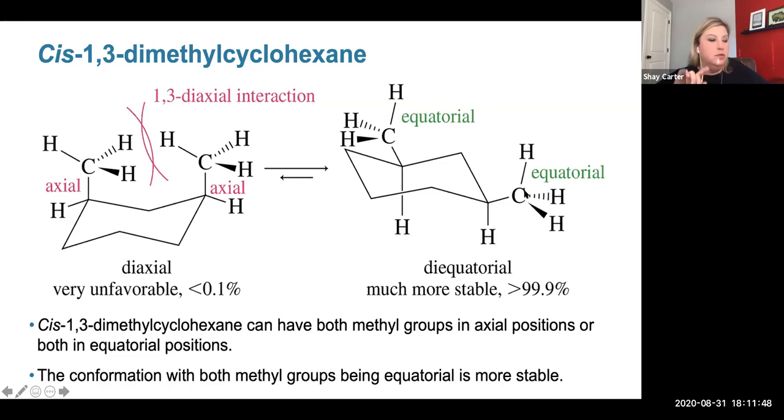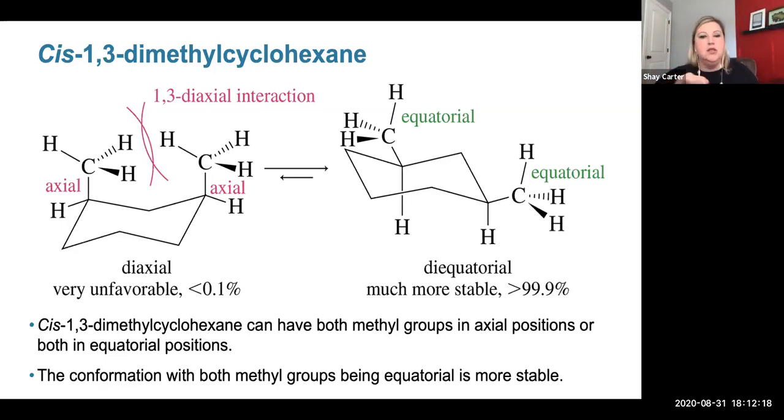I will tell you what you need to remember: if we have axial on one carbon in cis, the next carbon will be equatorial, and then the next carbon will be axial. So as we walk around the carbons in cis, carbons 1 and 3, one carbon away, will both be axial.